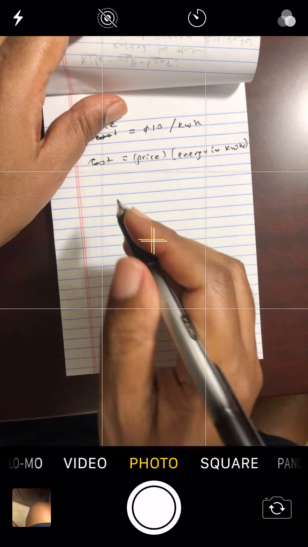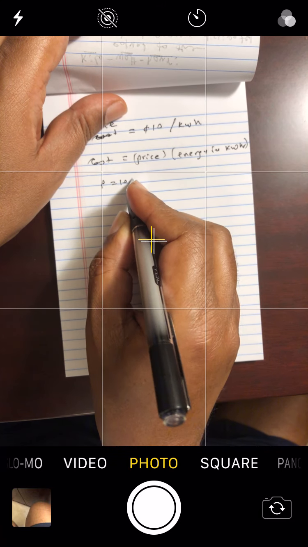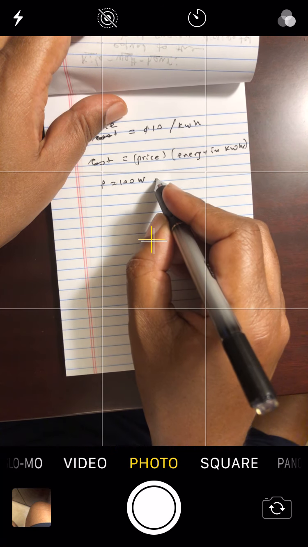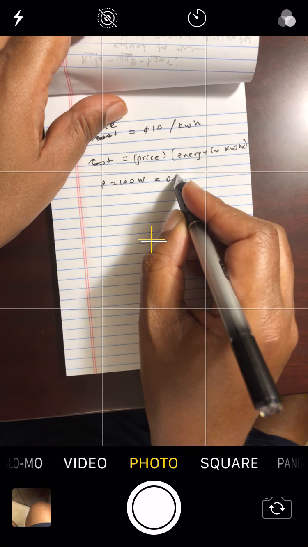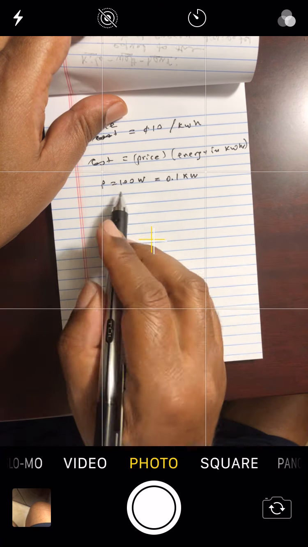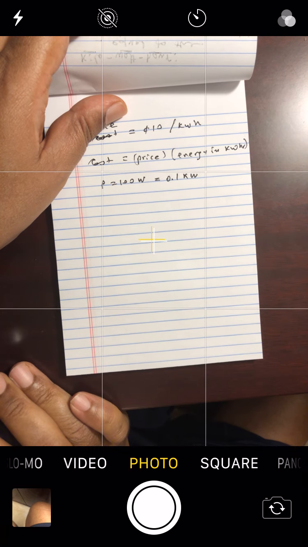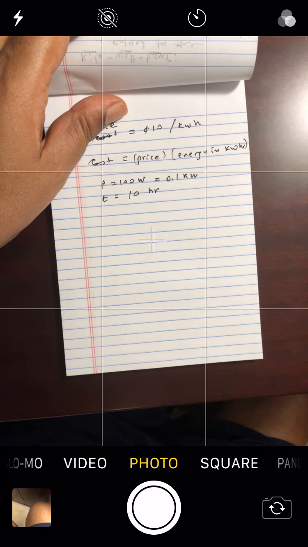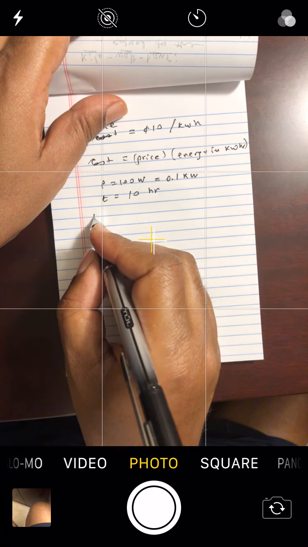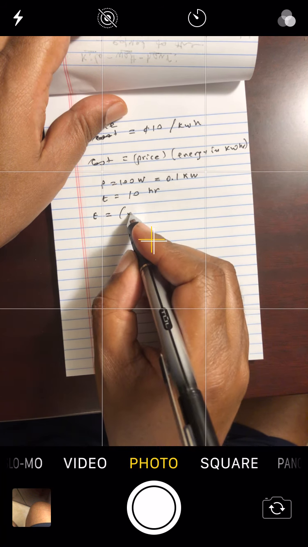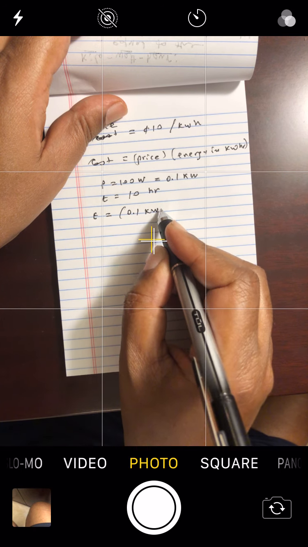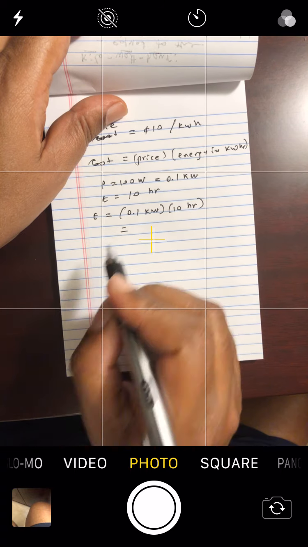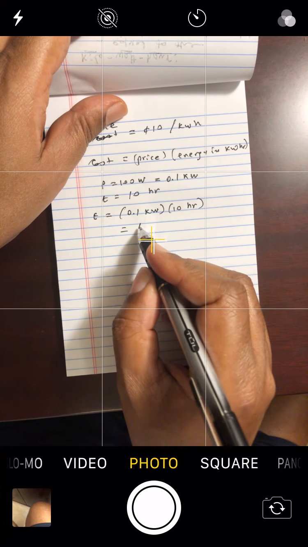So what do we have? We know the power is 100 watts, or we can say this is 0.1 kilowatt, divided by 1000 to change it to kilo. And the time is 10 hours, right? So the energy is the power, 0.1 kilowatt, used for 10 hours. That is, wow, just 1 kilowatt hour.